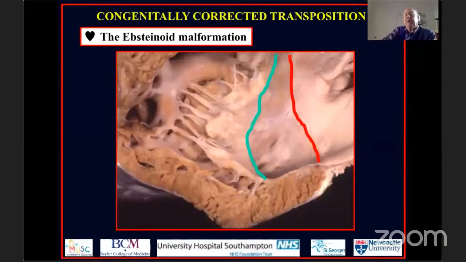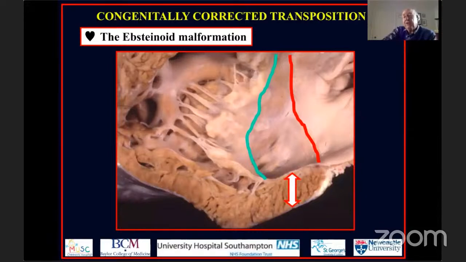And as in regular Ebstein's malformation, it is rotated away from the level of the atrioventricular junction. But a key difference between the ebstenoid malformation and Ebstein's malformation as seen in the setting of concordant atrioventricular connections is the fact that it is rare in congenitally corrected transposition to find anatomic thinning of the ventricular inlet portion.